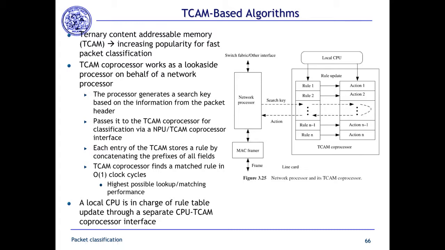In the IP address lookup case, we stored the information about the next hop. Now we have to store actions, which are more complicated, but still the concept is the same.